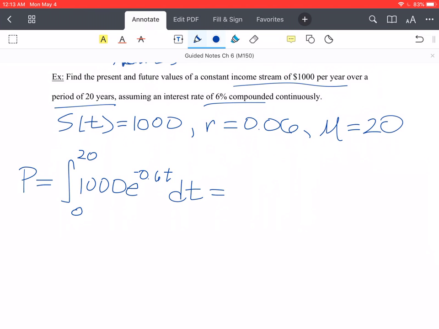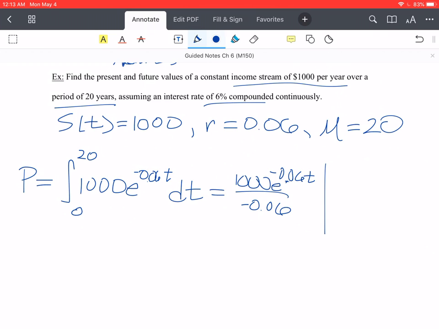Take the antiderivative of this, so that's going to be 1,000 e to the negative 0.06t over negative 0.06, by undoing that chain rule there.